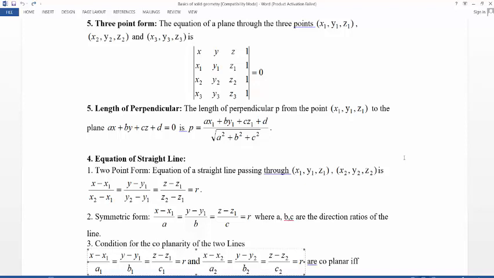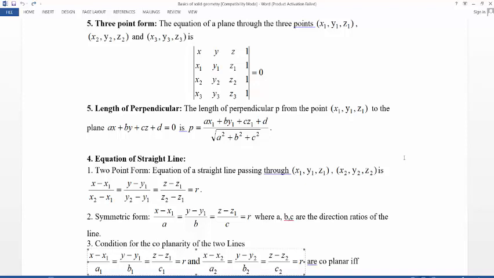Fourth is equation of straight line, the 2-point form. If you know the coordinates of 2 points that lie in space, then through 2 points only one straight line will pass, and the equation of that line is given by this formula.